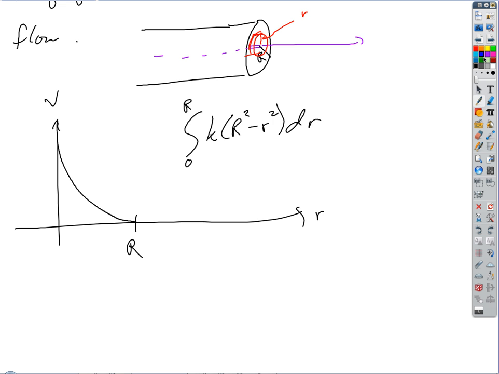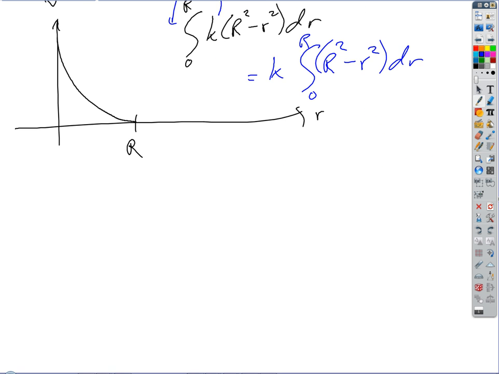And we can take this k from the very beginning and pull that out front, right? Because that's a constant being multiplied by the whole thing. So we get k times the integral of (capital R squared minus little r squared) dr. And now we can just anti-differentiate this term by term, right?